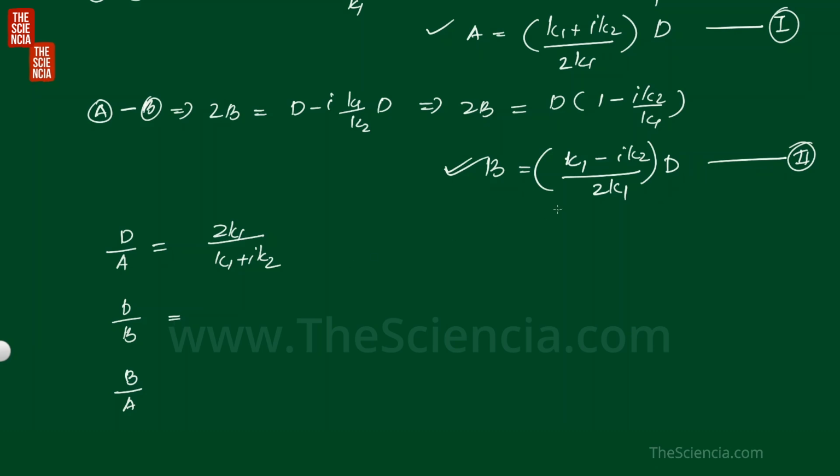That is d by b will be equal to 2 k1 by k1 minus i k2. And what is b by a? That is, we have to divide this equation by this one. So we will get k1 minus i k2 by k1 plus i k2. Now we are going to find out reflection and transmission coefficient using these values.